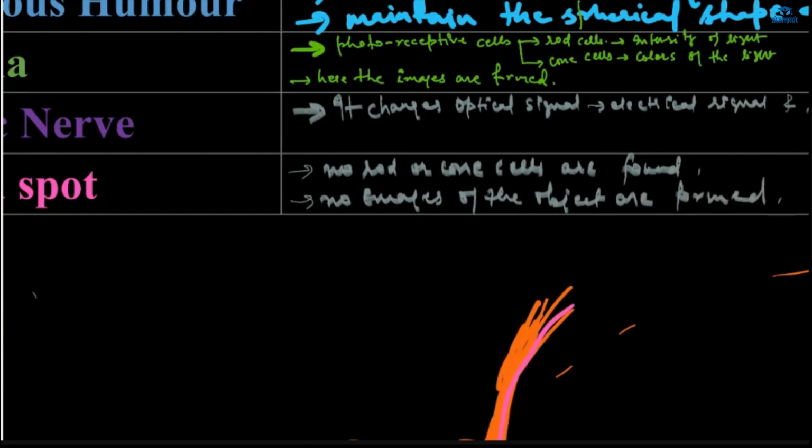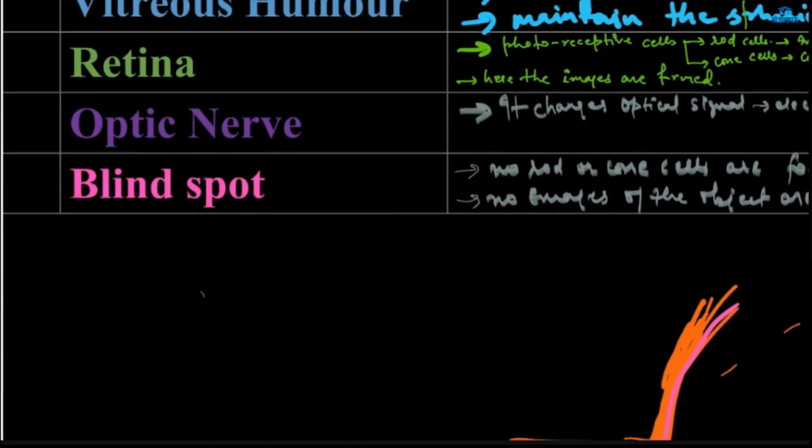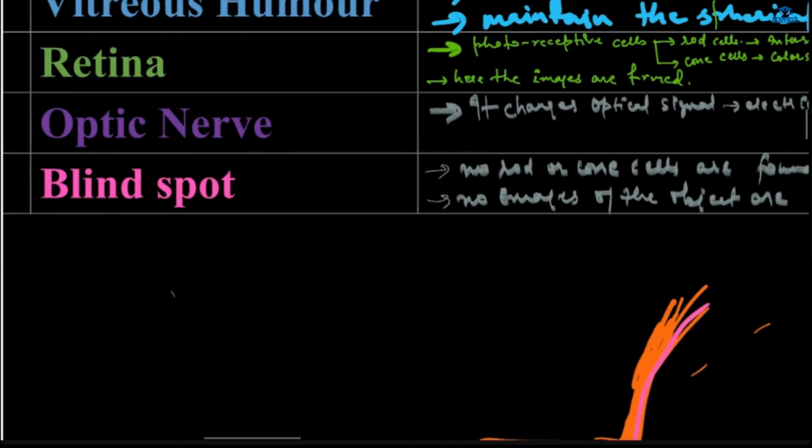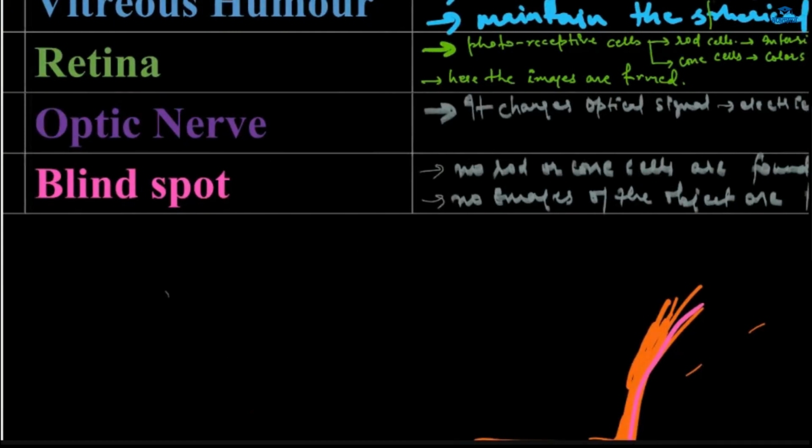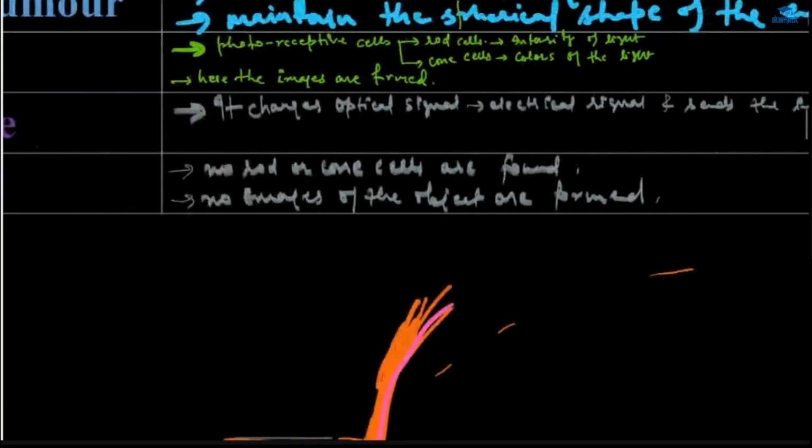So this is known as the blind spot. No images are formed at this point, and this is why it is known as the blind spot.